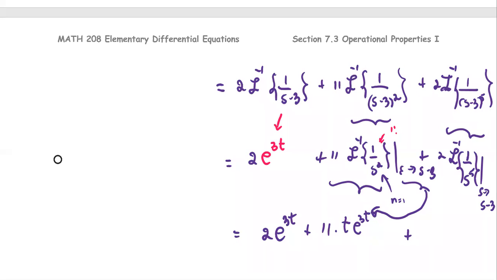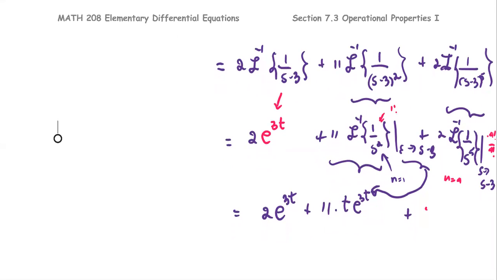The last term, n is 4 because 5 is 4 plus 1. If n is 4, you're going to multiply top and bottom by 4 factorial to adjust it to be the form that we can use a theorem. So if I add another step over here, it would be 2 multiplied by 1 over 4 factorial. The inside is the inverse of 4 factorial over s to the 4 plus 1, which is 5, and then s translates to s minus 3.